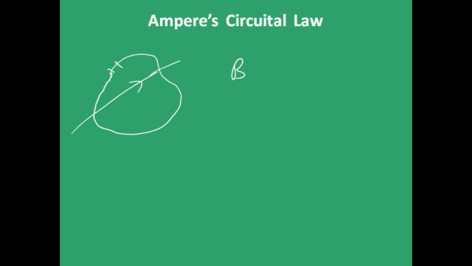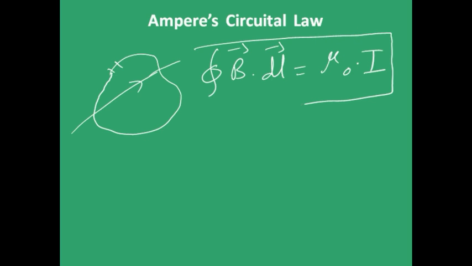You have a magnetic field right at the surface, at this perimeter, and the dot product of this magnetic field and the length vector dl, when you integrate over the entire loop, the final product you are going to get is mu naught times the current enclosed. This is the mathematical form of Ampere's circuital law. Hope everything is clear till now. This loop is normally called the Amperian loop, and note that this is the dot product.